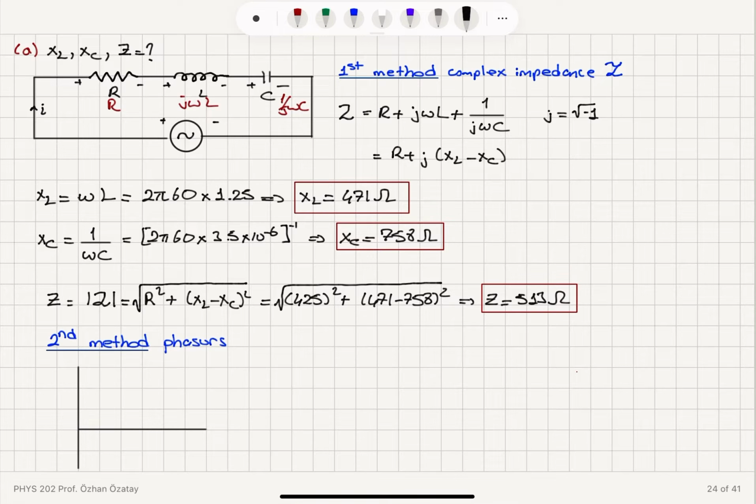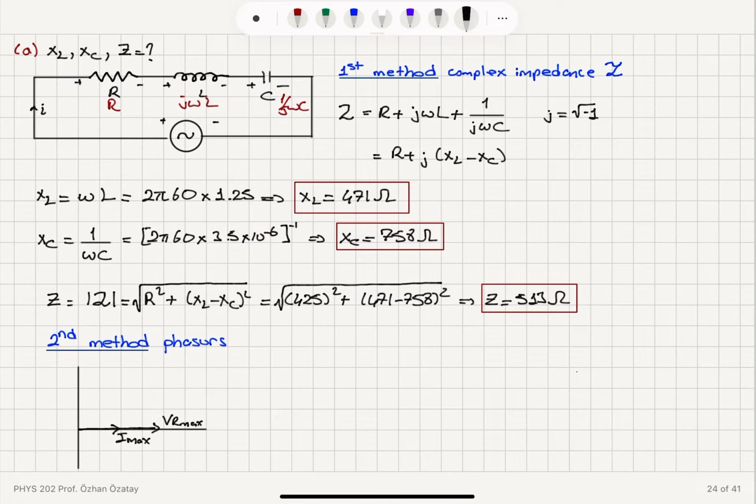So let's show the voltage across the inductor by VL. Now the current, let's say in this phasor diagram, has zero phase at this moment in time. So I'm going to have the voltage phasor VR max along the current, and this is the current phasor I max.